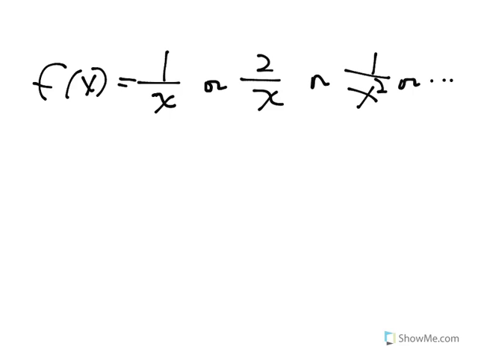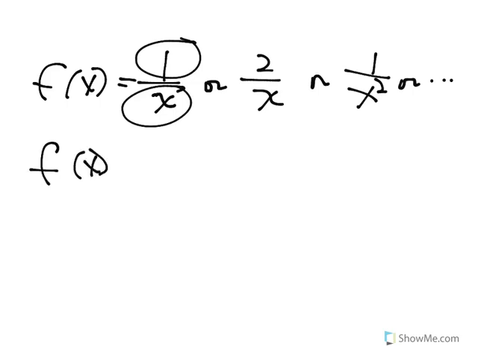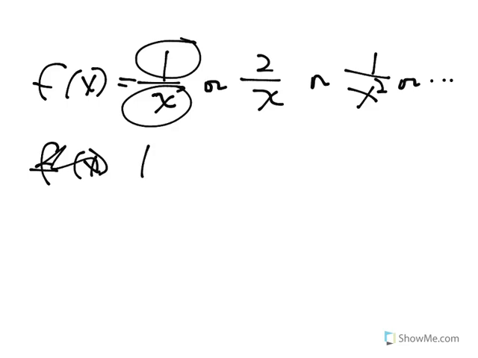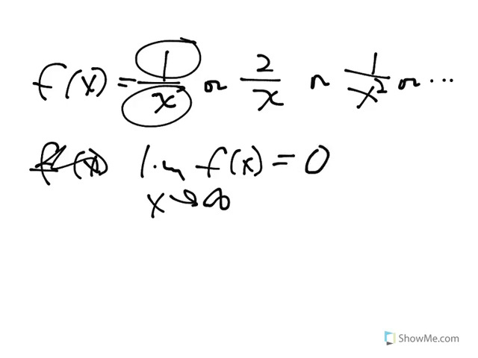If we have a function that has a constant on top and a variable expression in the denominator, then the limit of f of x as x goes to infinity will be 0, because the denominator is getting bigger and bigger and the numerator is staying constant.